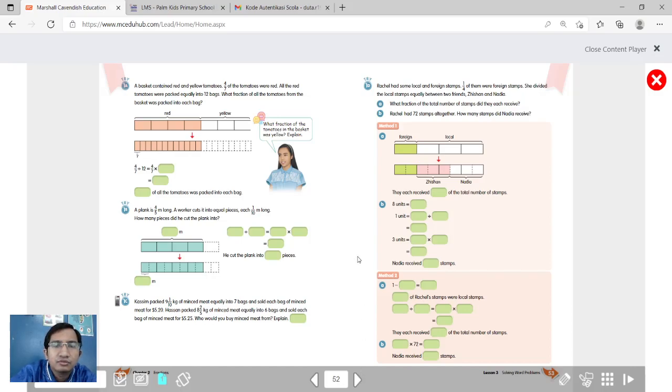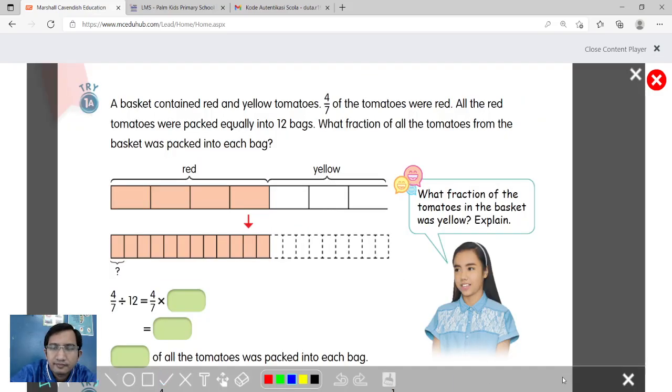Now we're going to do try 1A, try 1B, and try 1C together. Now look at try 1A. A basket contained red and yellow tomatoes. 4 per 7 of the tomatoes were red. All the red tomatoes were packed equally into 12 bags. What fraction of all the tomatoes from the basket was packed into each bag? So we have 4 per 7 tomatoes, where 4 are red and the rest are yellow.